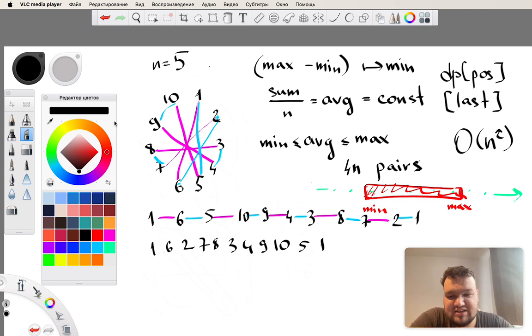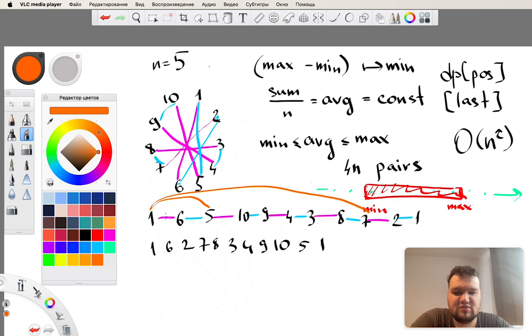But what are the other possible edges I can have with this one? For example, this one, there's 2, there is 5. But also 2 can be swapped with 7, and 5 can be swapped with 10.